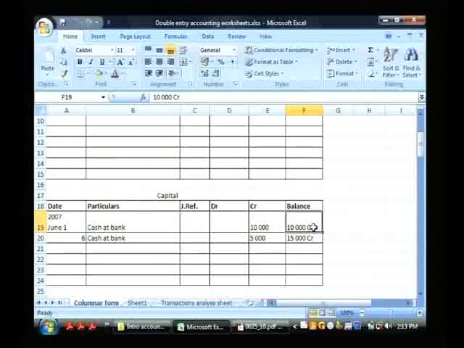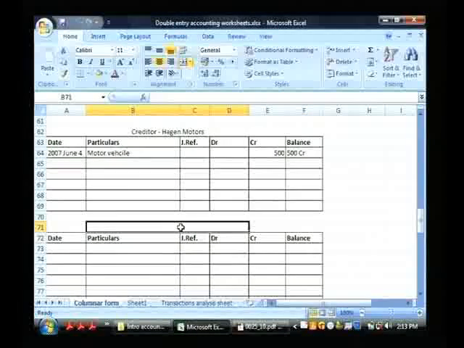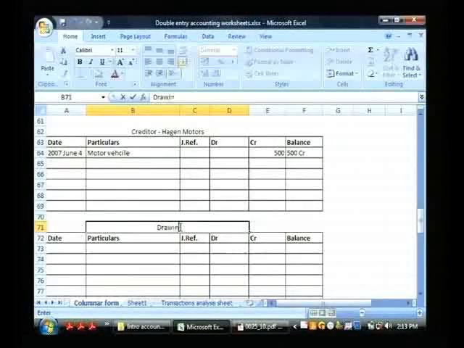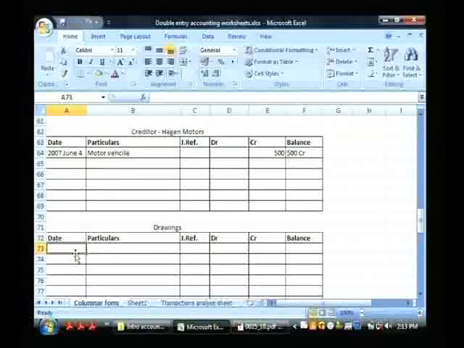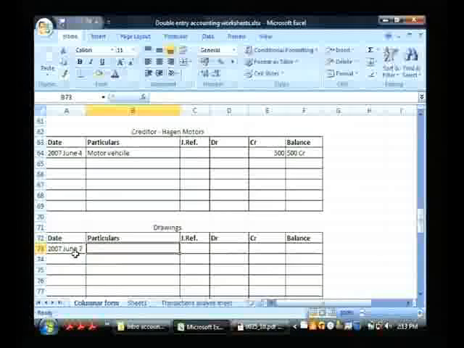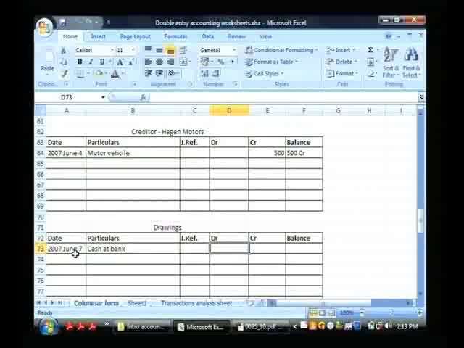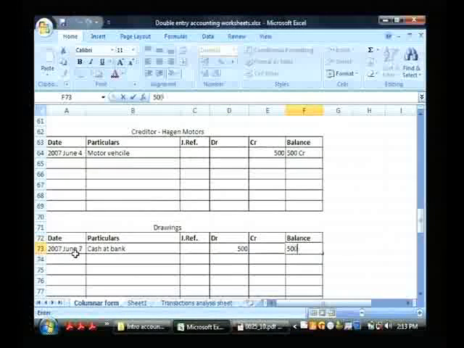Next, 7th, owner's drawings. So then we have to open up an account for that. That is drawings account debit, date June 7th, cash at bank, credit and debit drawings account. Amount is 500 kina, balance also 500 debit.